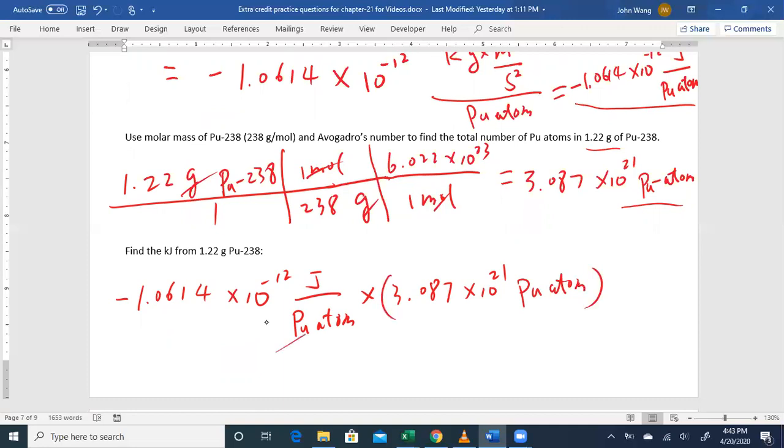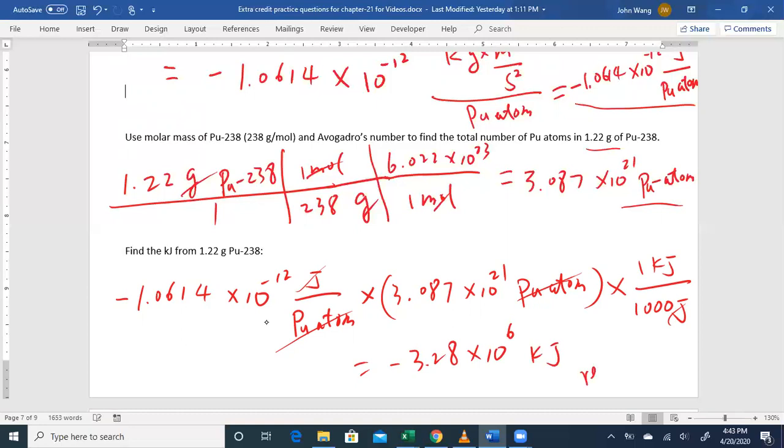So the plutonium atom comes out, you get how much joules, but to convert into kilojoules, just do one more conversion. The joule comes out. So therefore, we find out this negative 3.28 times 10 to the 6 kilojoules.